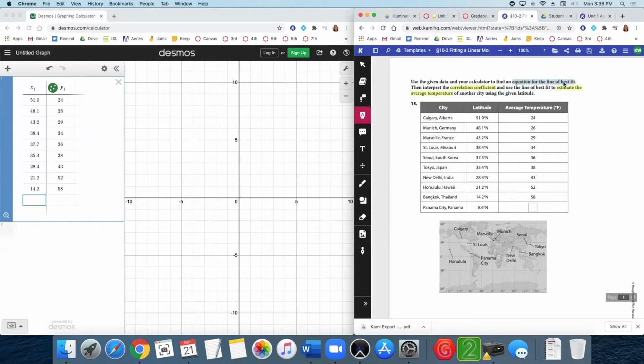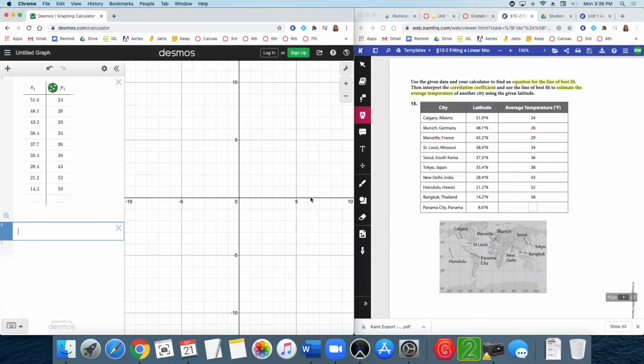So we're looking for our line of best fit first. I have my data in the table. Now I'm going to click on the plus button to add an expression. We need to make sure we are using the same notation as our table. Notice how it says x1, y1. When we write our equation, we also need to use x1 and y1 to make sure that Desmos is talking to the right data.